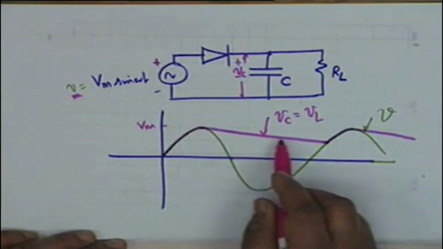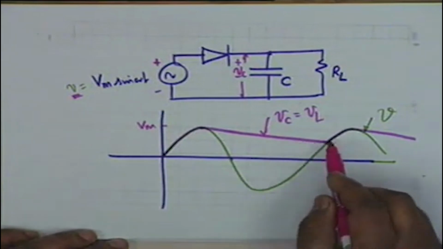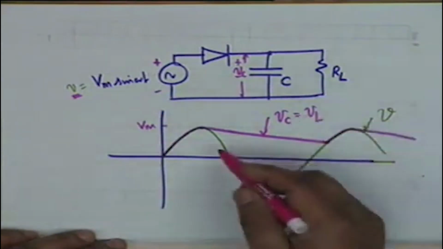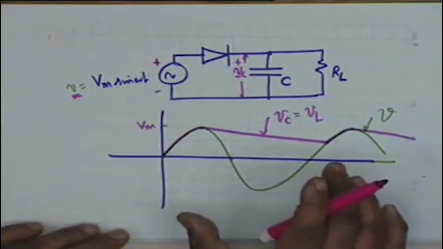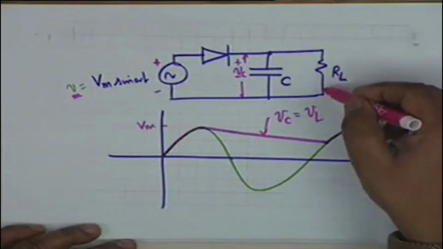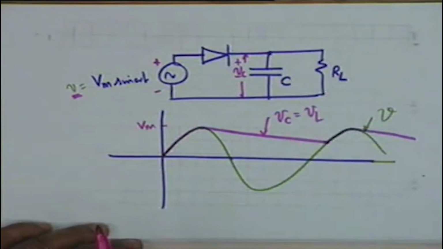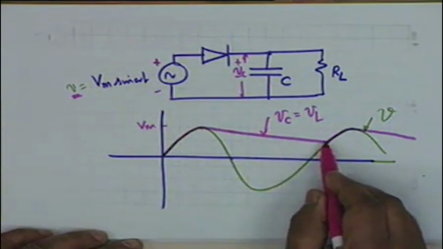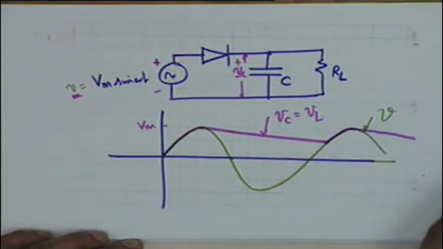The charge decays exponentially till the diode gets an opportunity to conduct again, and this repeats. And therefore if you connect an oscilloscope across the load, what you shall observe is this: an exponentially decaying wave, then a little rise, then again exponentially decaying, little rise, again exponential, and so on. This is what we shall repeat.